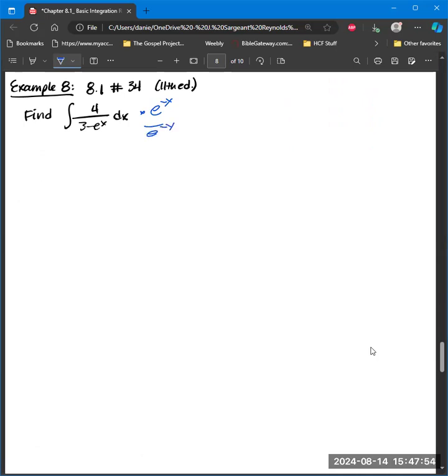So this is going to be 4 times the integral of e to the negative x dx over 3e to the negative x minus 1. U is going to be 3e to the negative x minus 1, and du is going to be a negative 3e to the negative x.